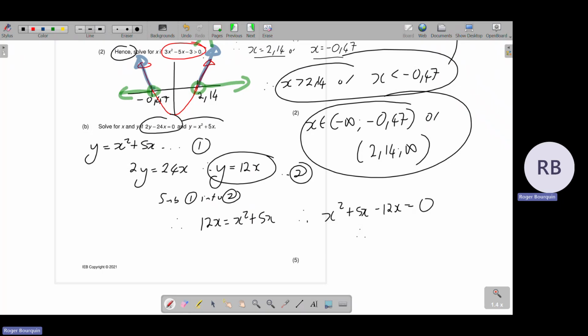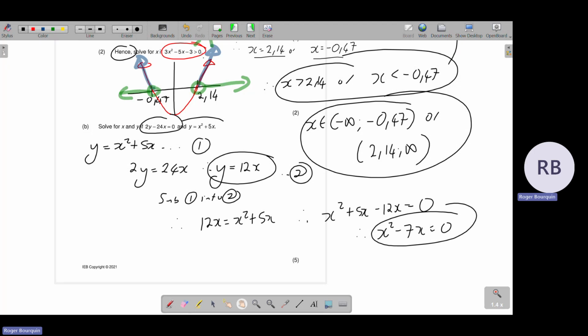No matter which way you've done it, you should end up with x squared minus 7x is equal to 0. This is what we'd look for, that you got to that point. Lots of people have done it different ways. That doesn't matter, but you should have ended up with that. Please do not leave out the equal to 0. You lose a mark if you don't write equal to 0.